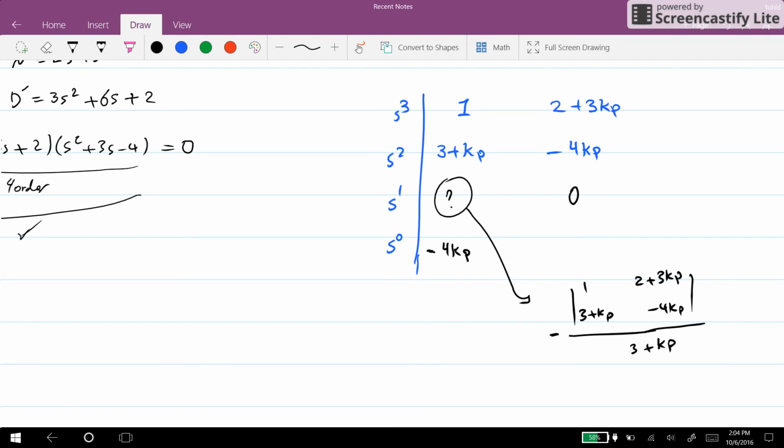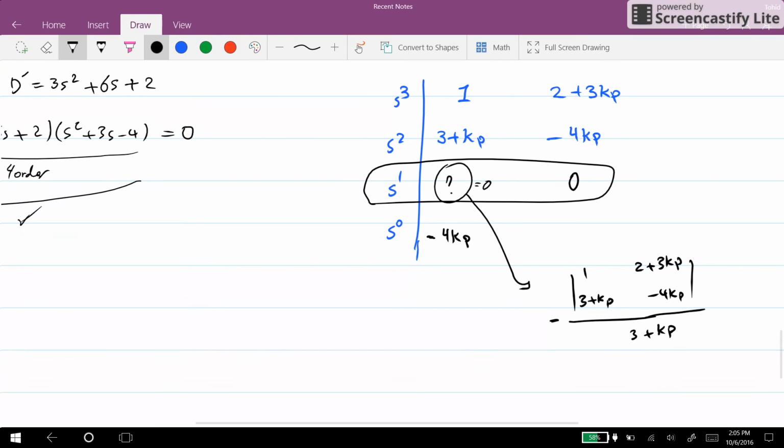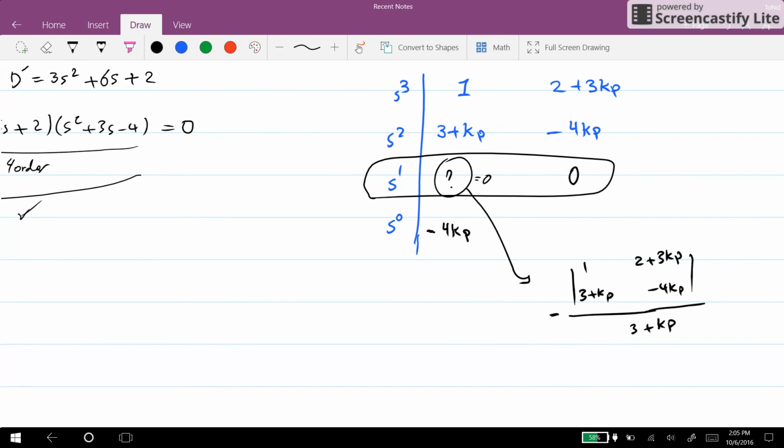So keeping this in mind, we will see that if Kp is such that this is equal to 0, we will have a complete row equal to 0. And this means that we will have poles on the j omega axis.